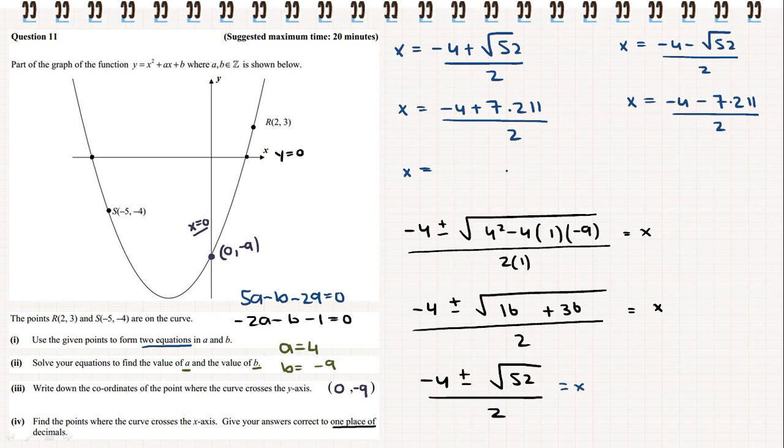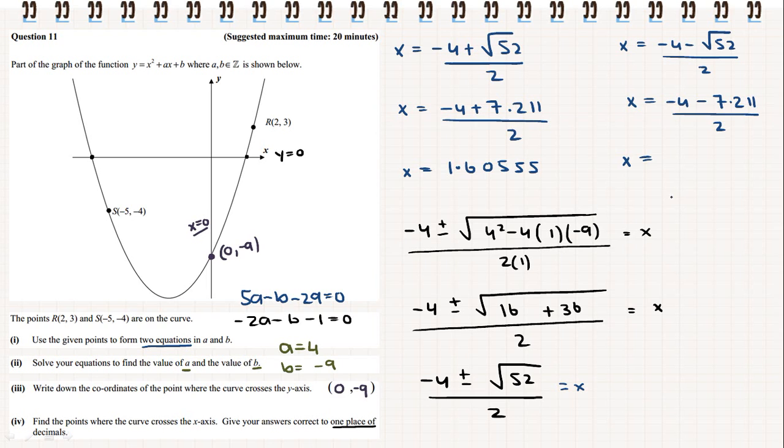So 7.211 minus 4 is going to give us 3.211. And then when we divide that by 2, we're going to get 1.6055. Then we have minus 4 minus 7.211. We get minus 11.211.